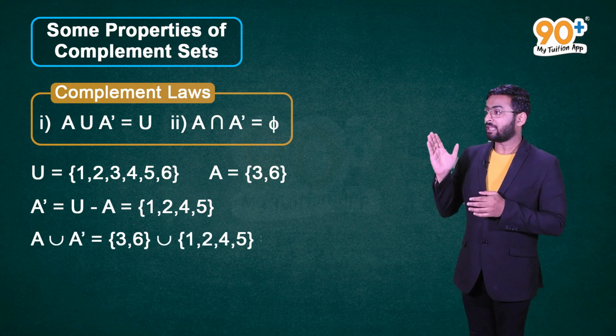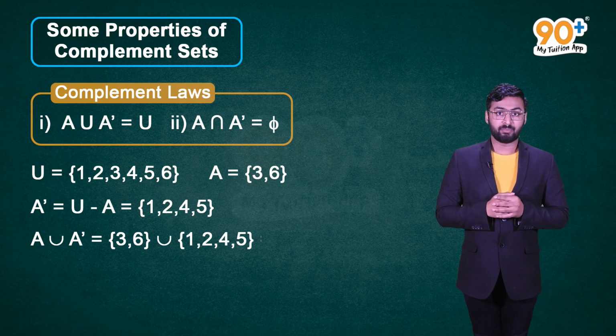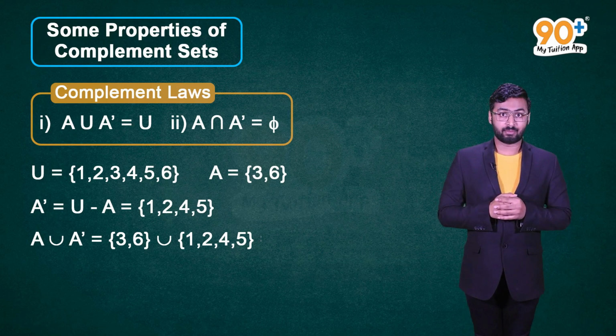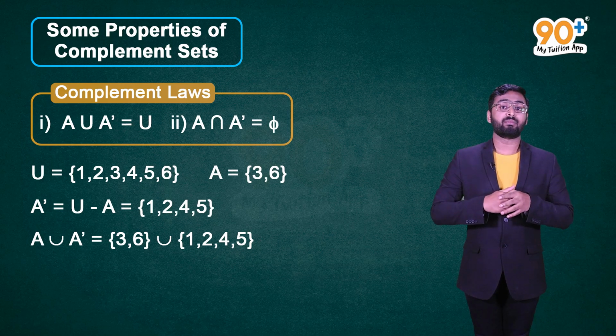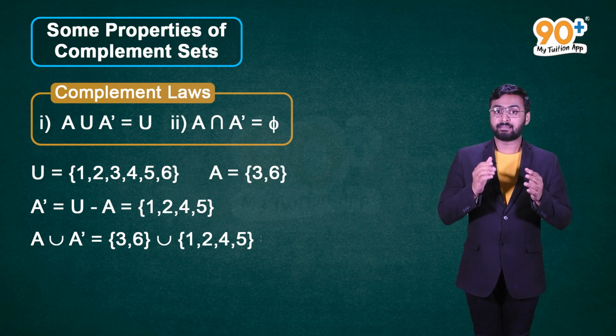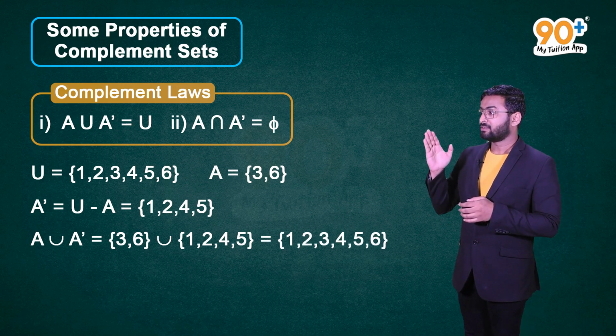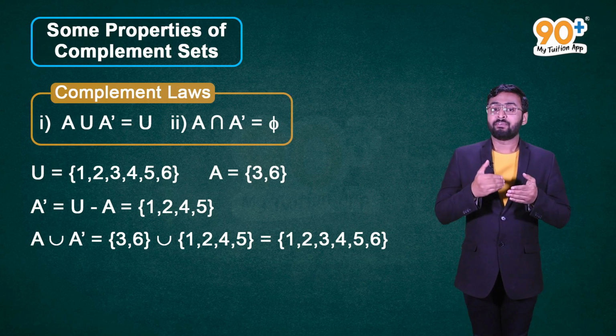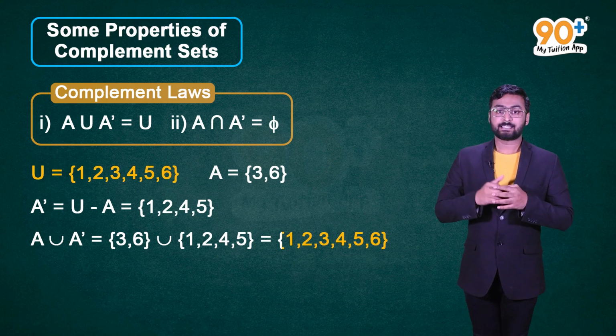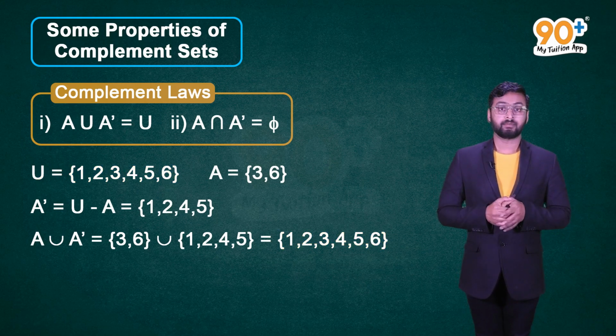So A union A complement will be the set of all the elements of A and all the elements of A complement, and that is set {1, 2, 3, 4, 5, 6}. We can see that this set is equal to the universal set.